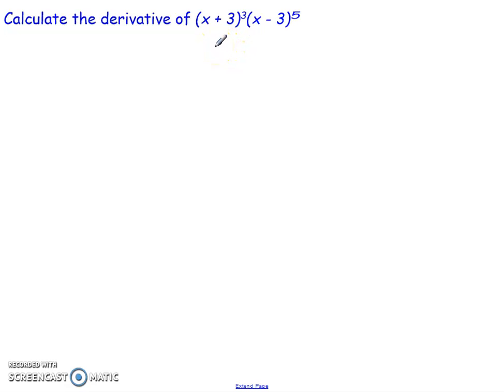All we do is we follow the same steps. So I'm going to assign my (x + 3)^3 as f of x. A key thing to remember with that is the power's going. So essentially, I'm splitting it off here. Everything on this side is one function, everything on this side is another. So my f of x is the (x + 3)^3, and my g of x is going to be the (x - 3)^5.